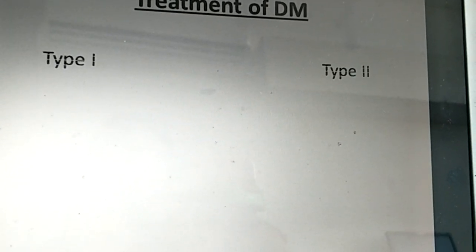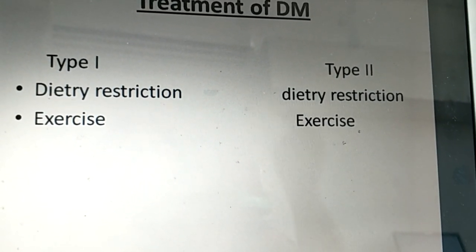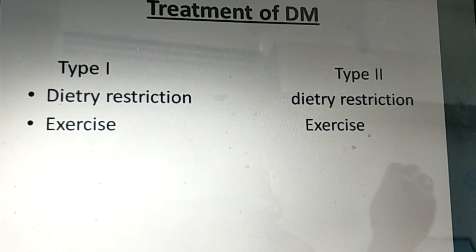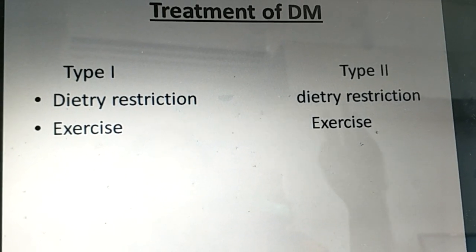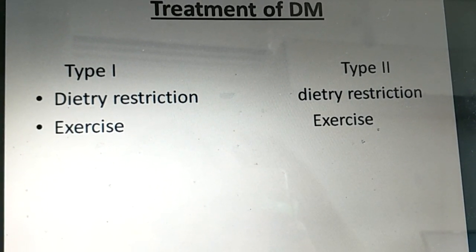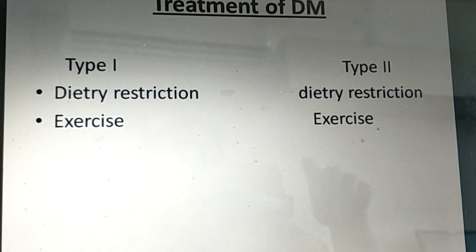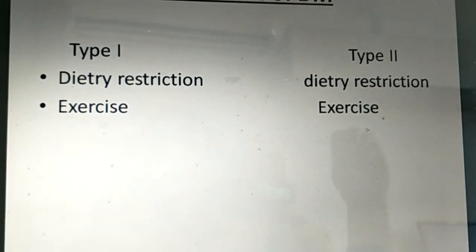What is the treatment? There is a slight difference in the treatment of type 1 and type 2, though the non-pharmacological measures remain the same. This is a lifestyle disease. Diabetes mellitus is basically a disease due to defective lifestyle, so lifestyle modification is the basis of treatment.